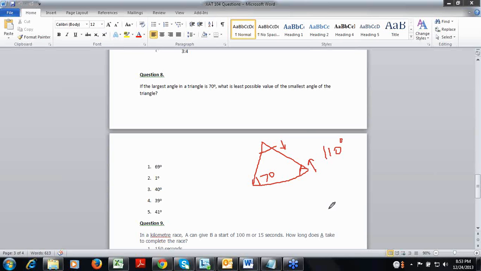This can be largest up to what extent? It can be largest only up to 70 degree. Why? Because we have been given that the largest angle in the triangle is 70 degree. So this can only be 40 degree. Okay. Hope everybody got it.